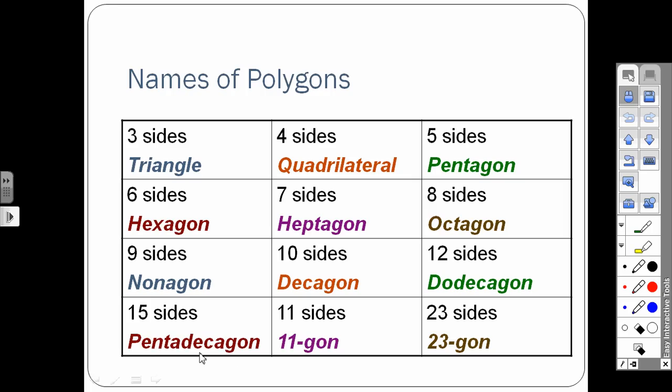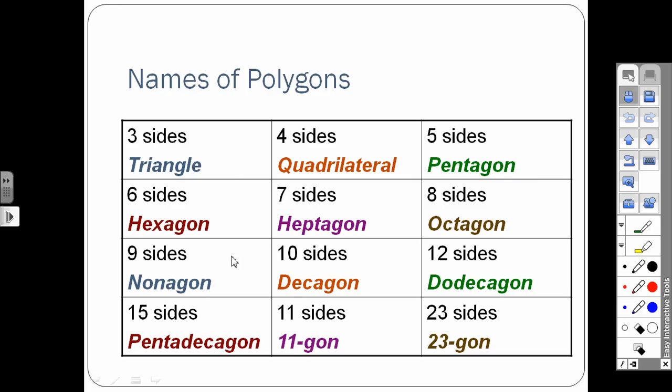So pentadecagon is 15. Notice that we skipped over 13 and 14, so those would be 13-gons, 14-gons. Basically anything other than the ones that I have listed here, you just use the number of sides and then a dash and then a gon. So like 23-gon.